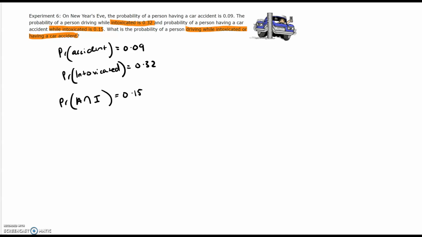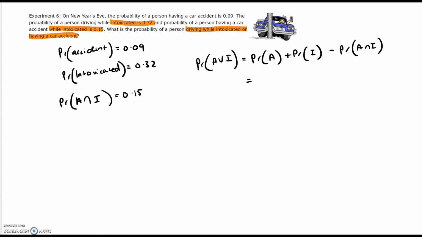So if we want to work out our total probability of an accident or they're intoxicated, it's the probability of the accident plus the probability that they're intoxicated minus the probability that they're both, because then we would be double counting that both part. So we end up here with 0.09 plus 0.32 minus 0.15.